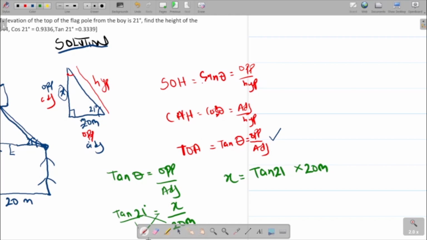So we have x equal to 0.339 multiplied by 20 meters. If you multiply it using a calculator, your answer will be 6.678.